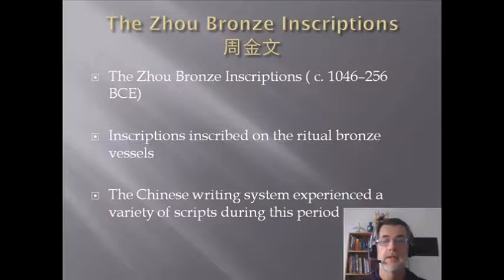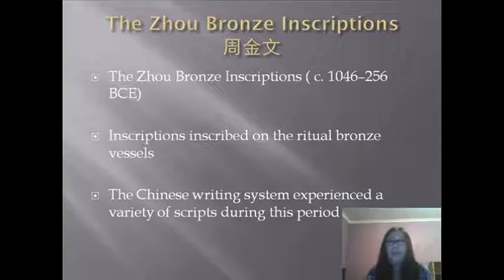Okay, welcome back. And now Chen Laoshi is going to talk to us about the next stage of evolution, the Zhou bronze inscriptions. The Zhou bronze inscriptions refers to the inscriptions found on the ritual bronze vessels.